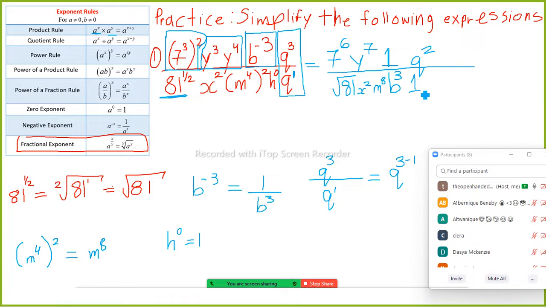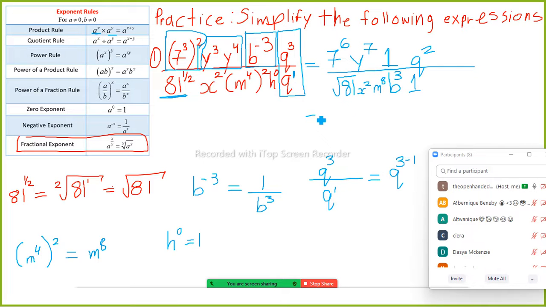And then q to the power of 1, we already dealt with that right here. So we're almost done. Notice that 1 times anything is itself. So we don't need to put 1 here once we reduce it again.